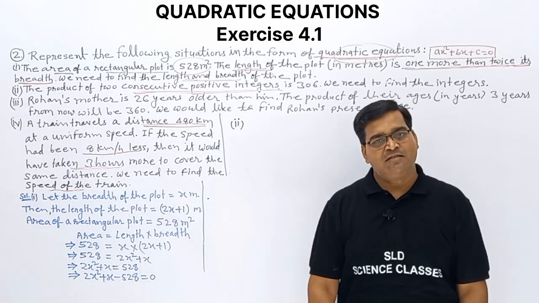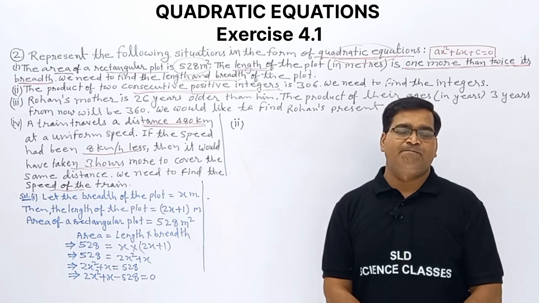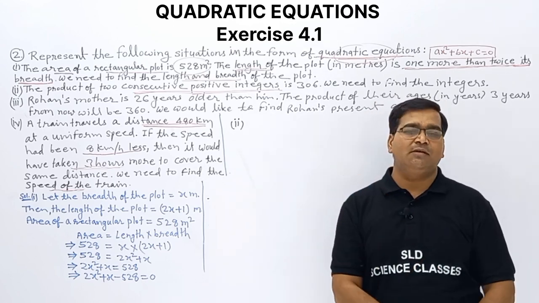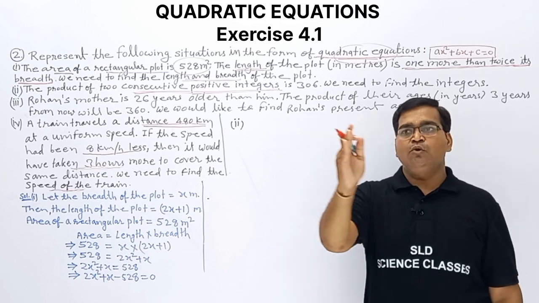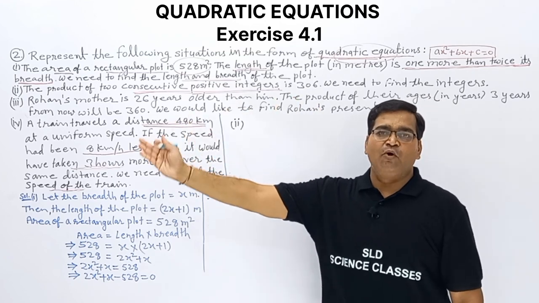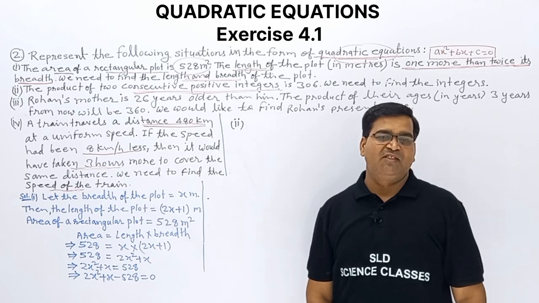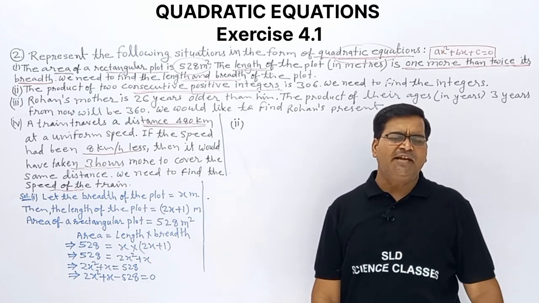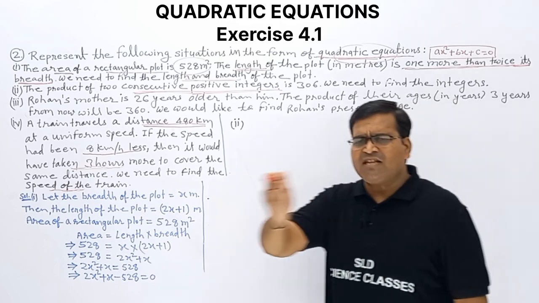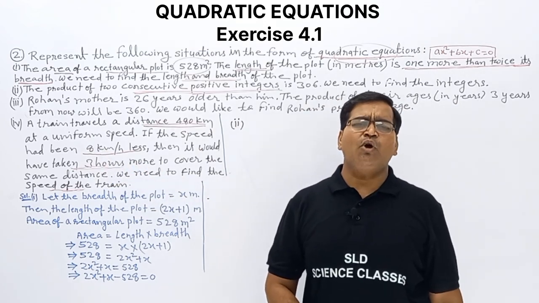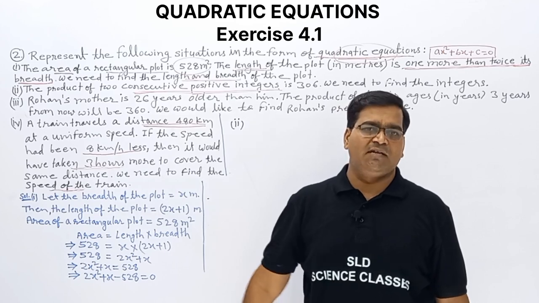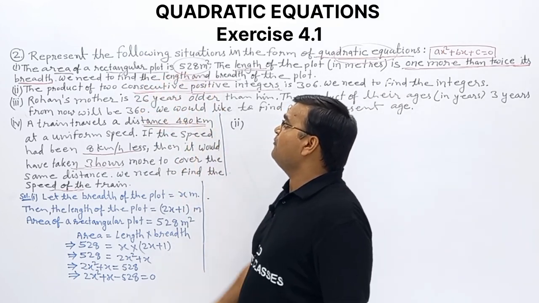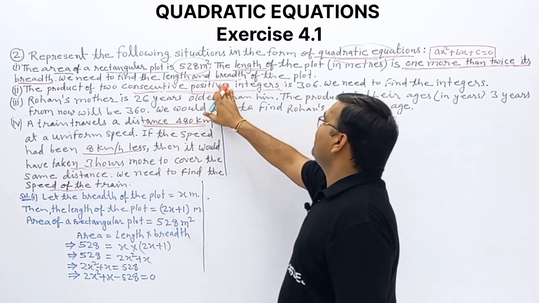Consecutive means continuous numbers. 1 and 2 both are consecutive. 2 and 3, 3 and 4, 5 and 6, they are consecutive numbers. Getting or not? Continuous, लगातार जो नंबर होते हैं, they are called consecutive numbers. So first we should know the meaning of consecutive positive integers.